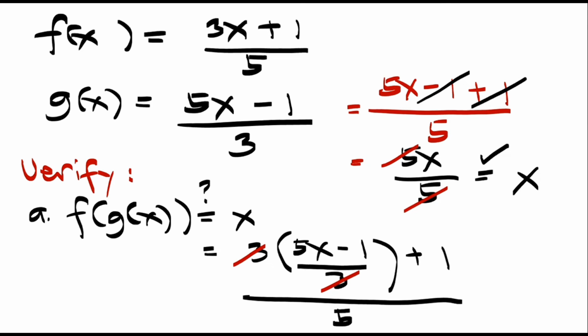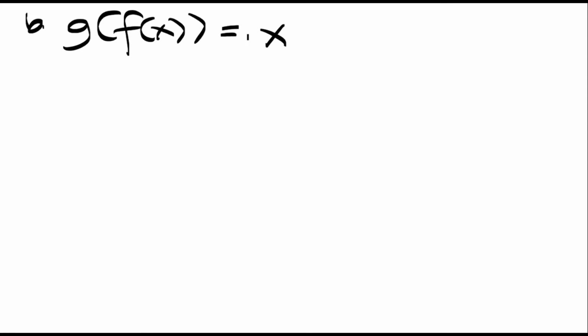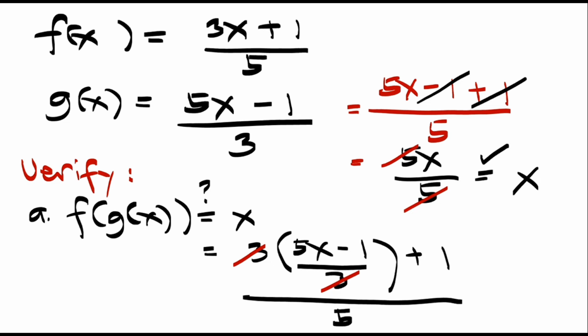Let us also verify the second condition, which is g of f of x must also be equal to x. So again, g of f of x means that we're going to use the function g of x, and its variable will be replaced by f of x.